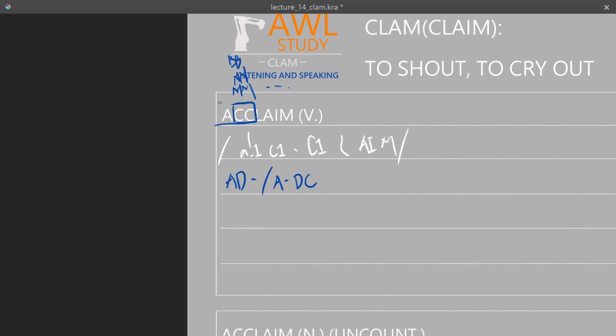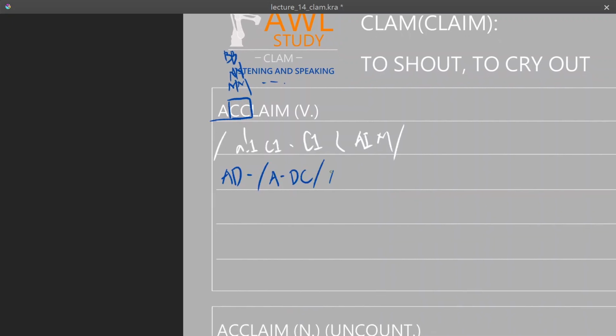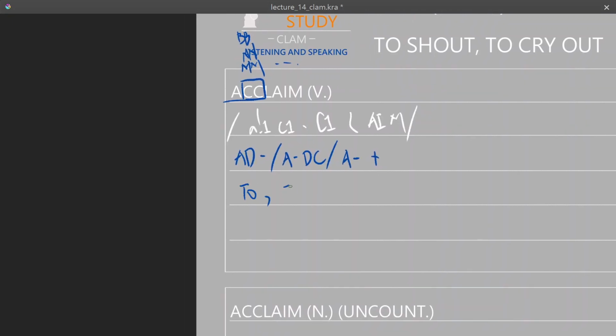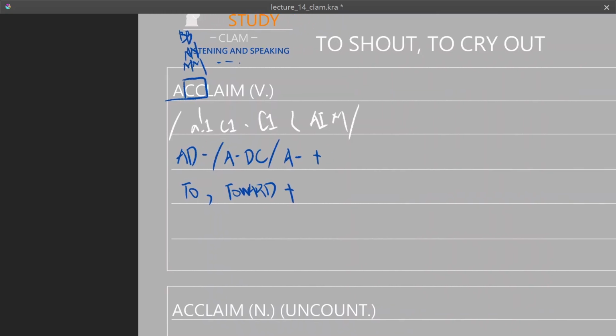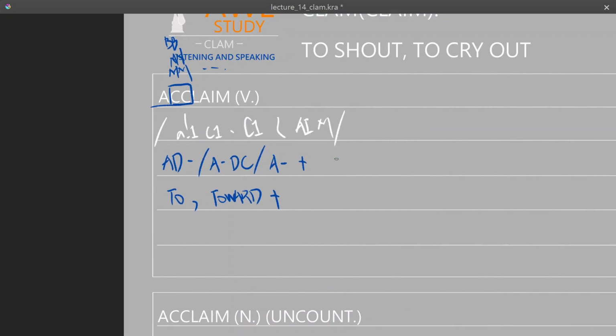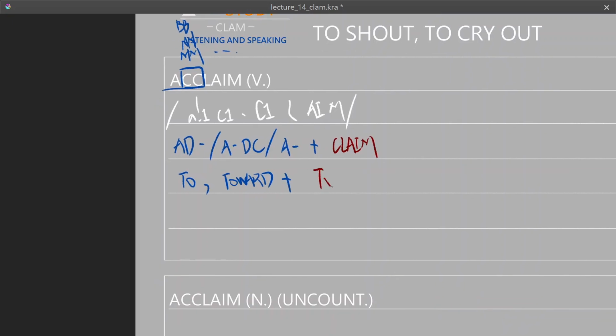In this case, it's double C's, or just A's itself. It means to or toward. And we have the root claim, meaning to shout.